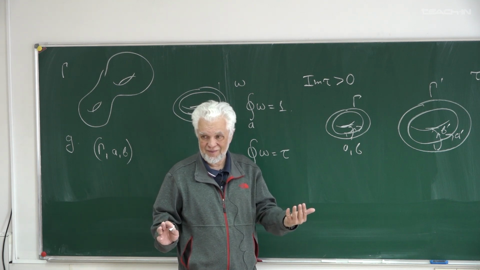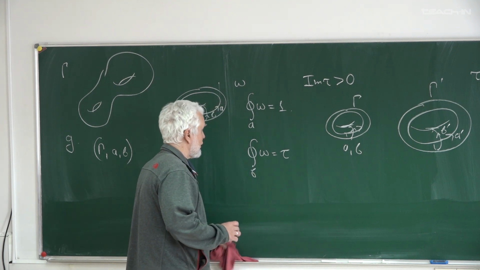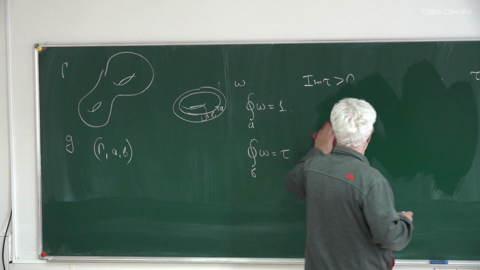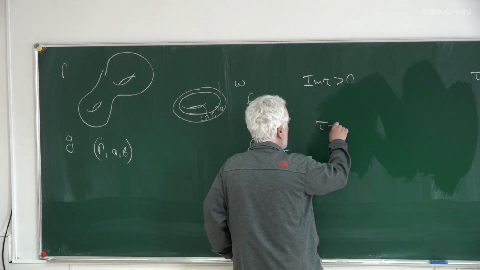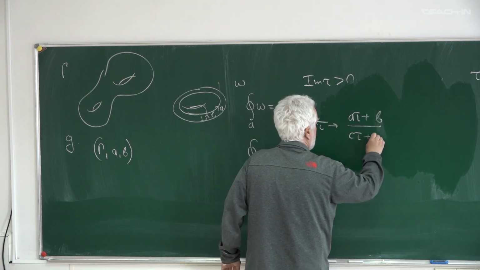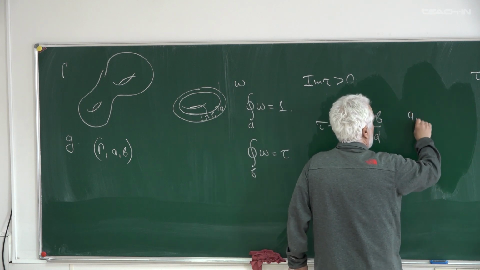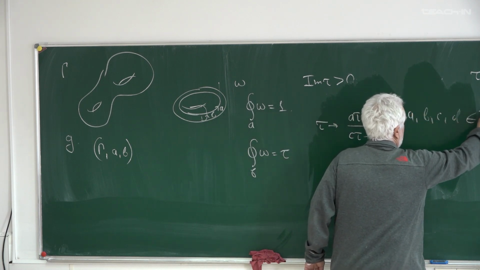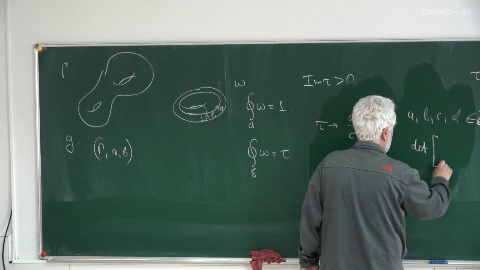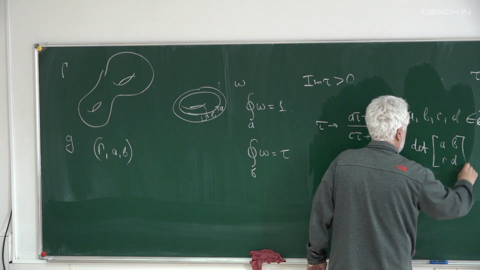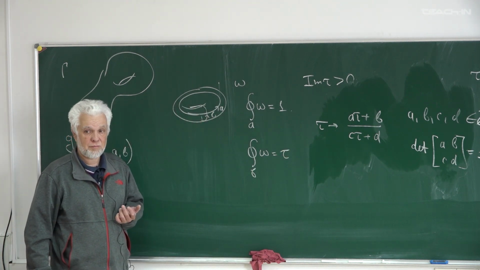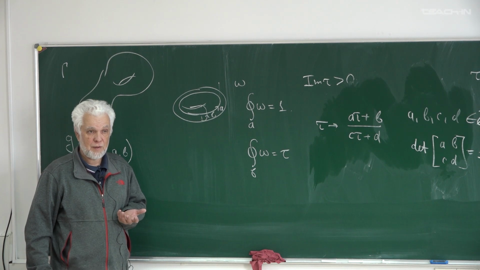Is it clear? Now, what happens in the case of tori? The action of the group is the following: tau goes to (a tau plus b) divided by (c tau plus d), where a, b, c, d are integers and ad minus bc equals 1.